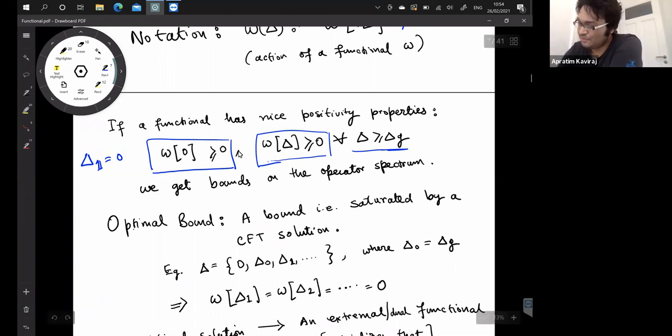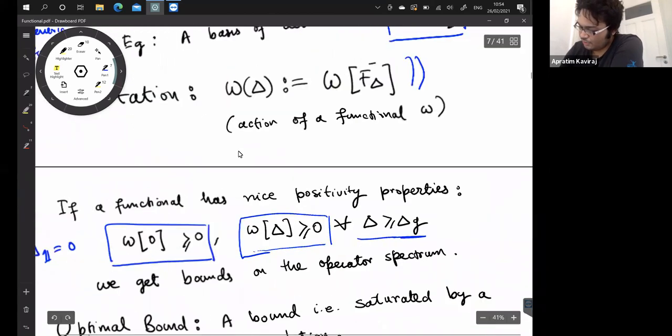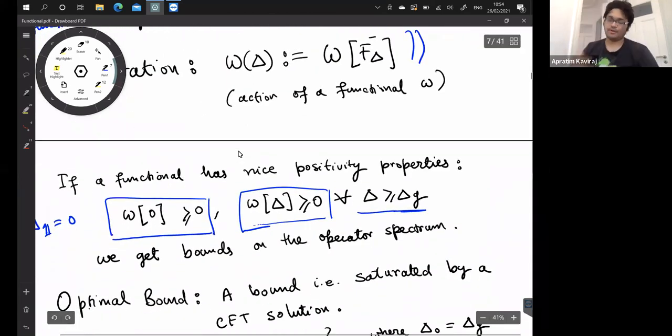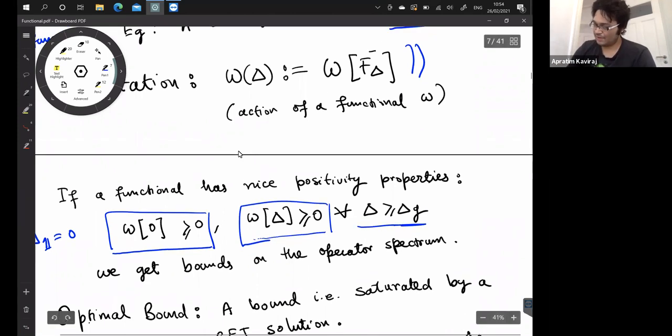Because in order to solve the Bootstrap equation, you cannot have all dimensions which give a positive value of the functional, because in the end they have to add up to 0. So you need to have something for which omega should also be negative.